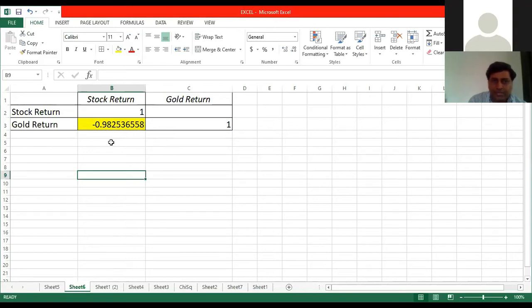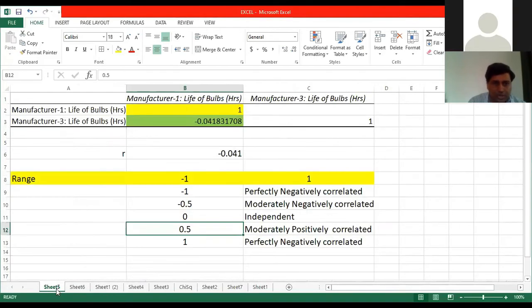Let me reduce the decimal figures, so 0.983. Now, 0.983, what does this indicate? And there is a negative sign before that. These two numbers are important to interpret. Let me show you how you interpret that.